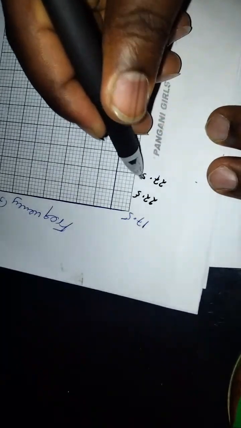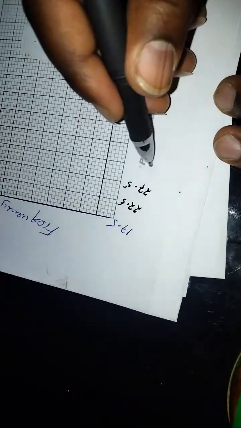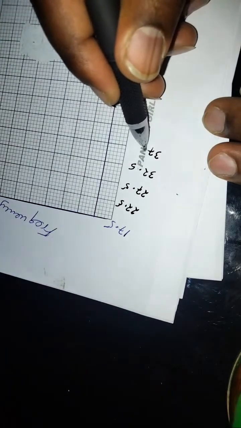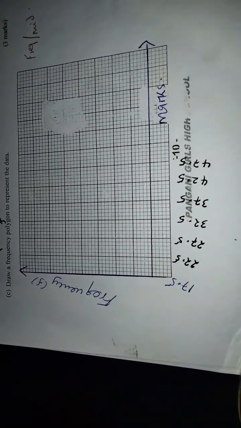Then from 22.5 we can go to 27.5, then 32.5, then 37.5, then 42.5, and finally 47.5. So those are the limits for the given data.